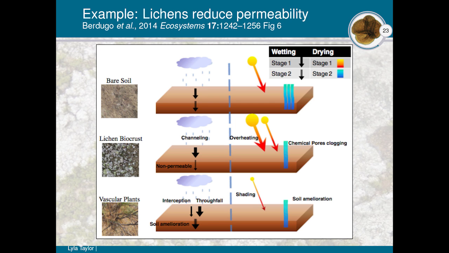So it's just not behaving like a bare soil at all. Vascular plants, on the other hand, were shading the surface of the soil, and the hydraulics were completely different from the biocrusts. So three completely different systems, and they didn't look at any taller biocrusts.